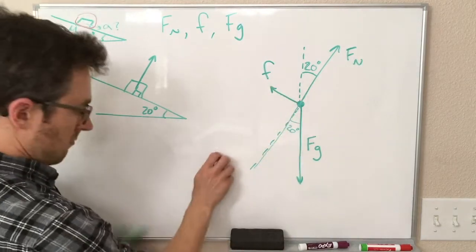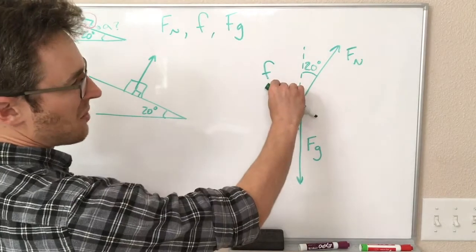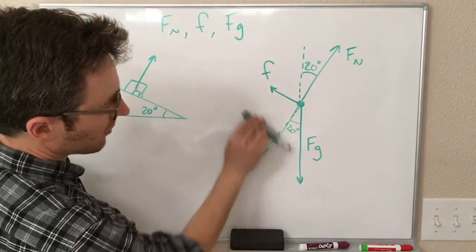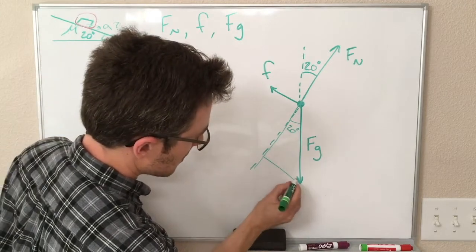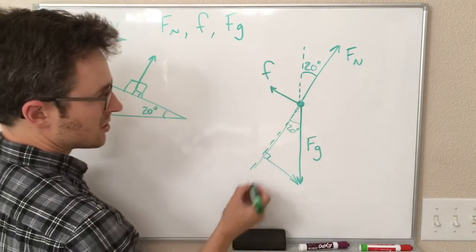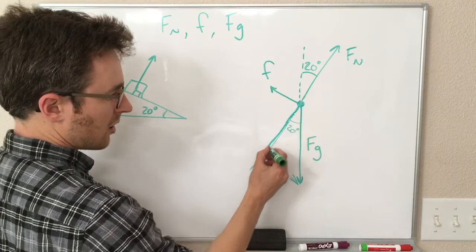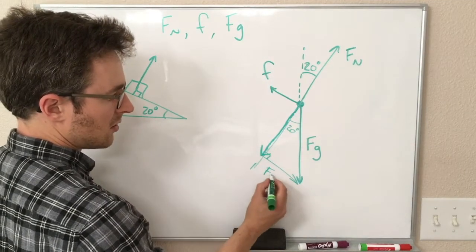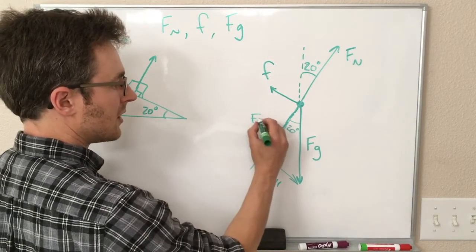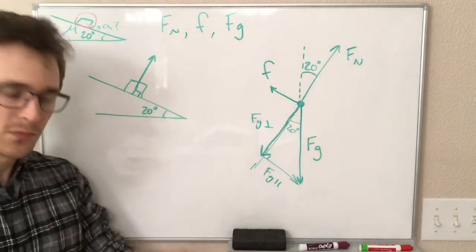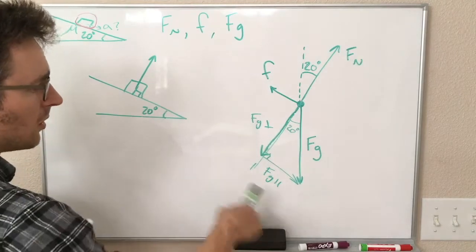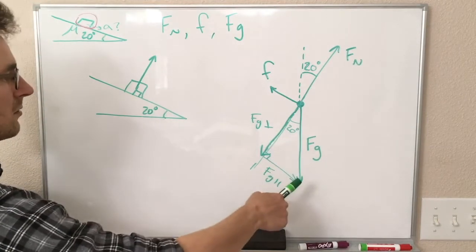And if this is the parallel direction, then my parallel component is going to be in the same direction as that, which is going to look like this. And these are at a right angle to each other. So now I have drawn my triangle that has FG parallel and FG perpendicular, the two components that I'm going to need to find. So hopefully that makes sense.